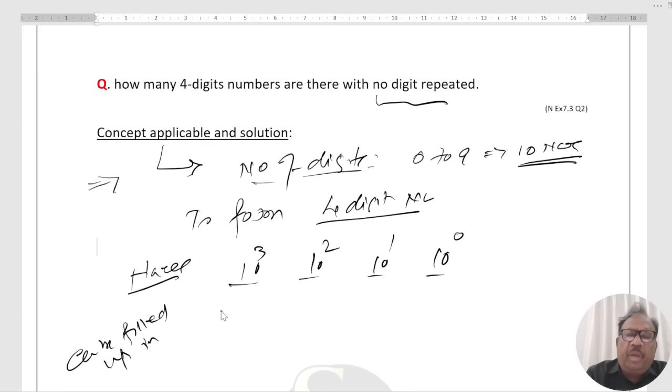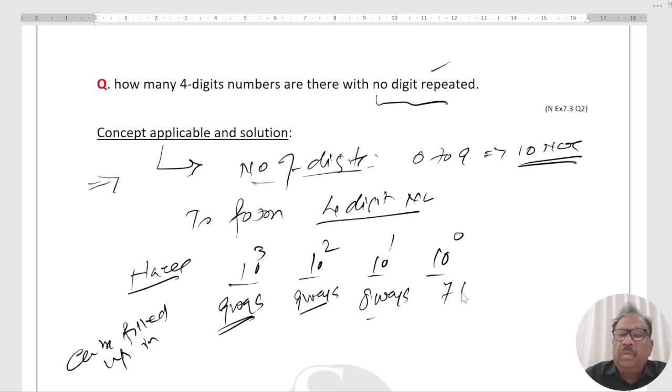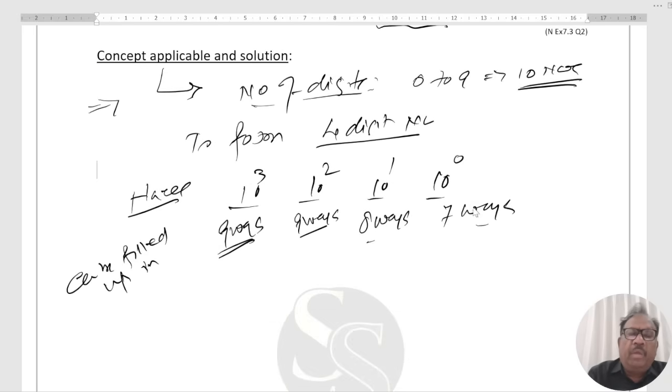This can be filled up in 9 ways. If we consider 0 here, then it will become a 3-digit number. So, 9 ways. Now one number is utilized here as repetition is not allowed, then the balance will be 9. This can be filled up in 9 ways. This can be filled up in 8 ways. This can be filled up in 7 ways. Right? By FPC of multiplication.